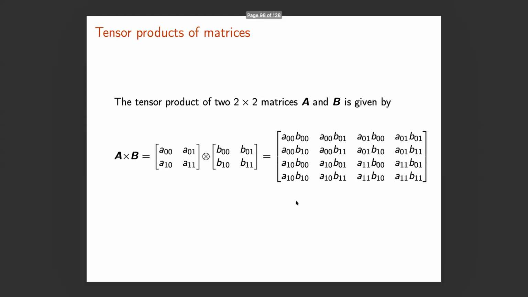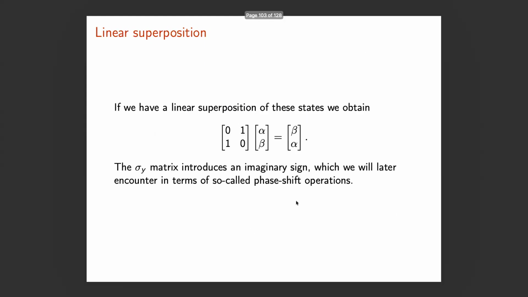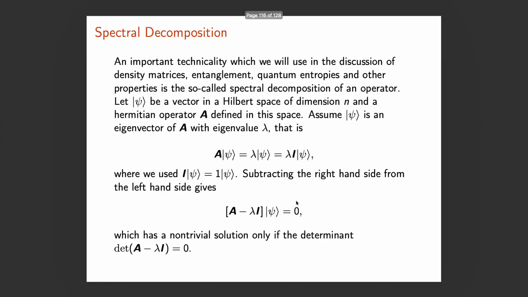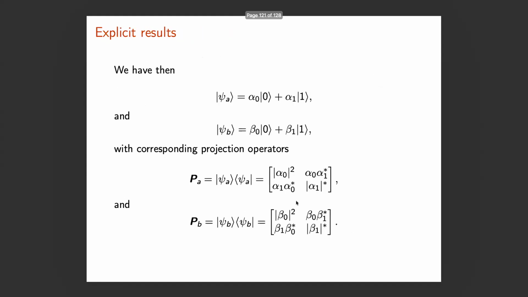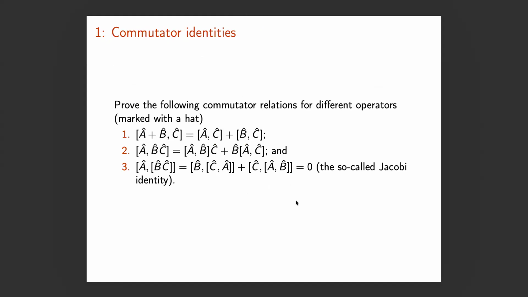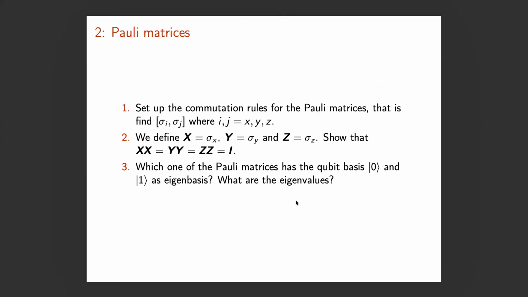At the end here, you will see there are more things which we will discuss a little bit more in detail next week. But there are some basic exercises which you could take a look at just to remind yourself of important topics which we will use, like commutator identities, properties of Pauli matrices, just to convince yourself.